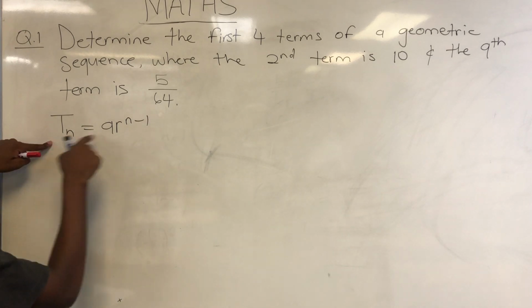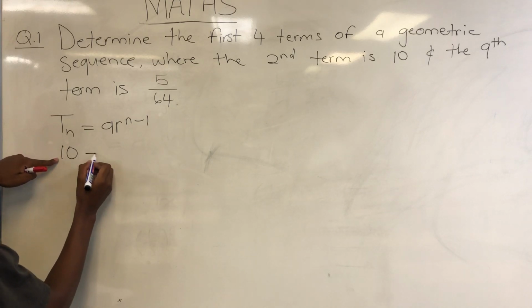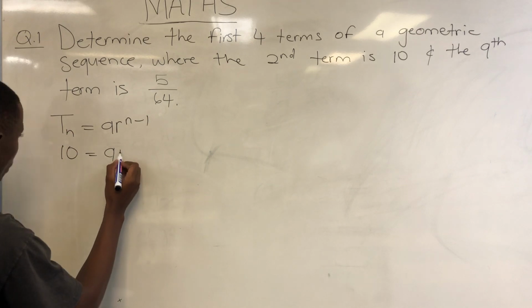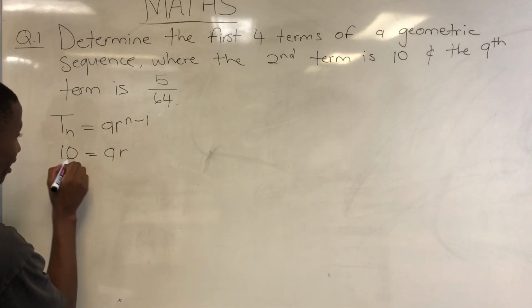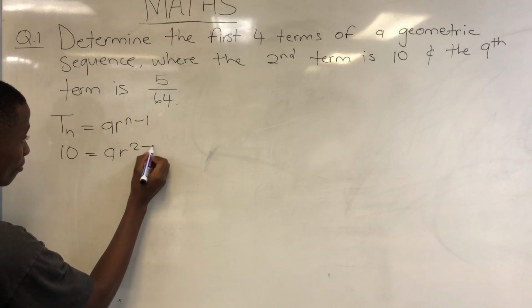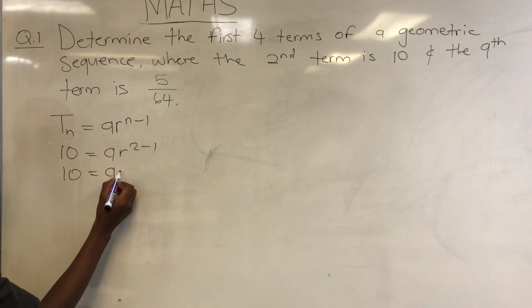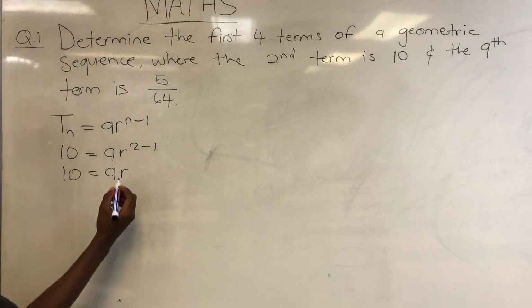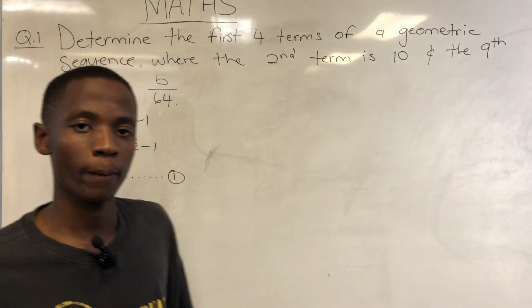So the second term is 10, so 10 is equal to A, we don't know the very first term, R, we don't know R, n is the second term, so second term minus 1. So 10 will be equal to AR to the power of 1, which is the same as R. So this is going to be our equation 1.